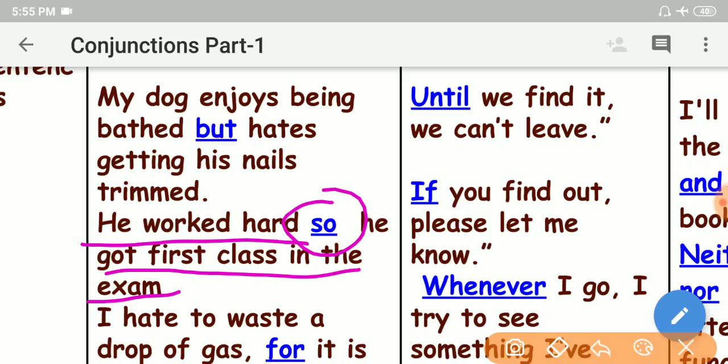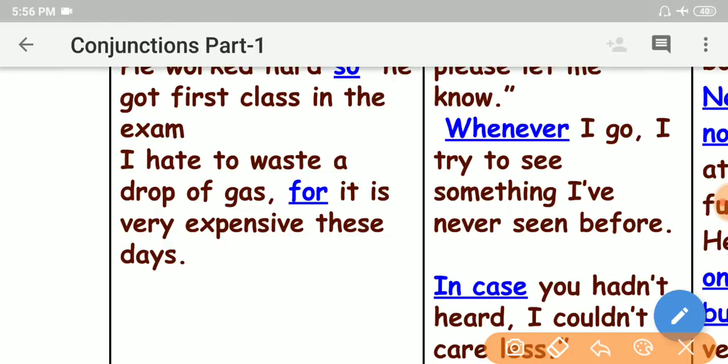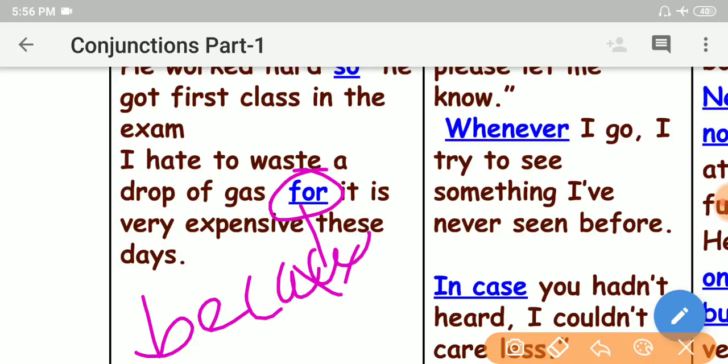About that in detail we are going to learn in the next video, the proper usage of these coordinating conjunctions. Another example: I hate to waste a drop of gas, for it is very expensive these days. See, for is used for reason, in the meaning of because.